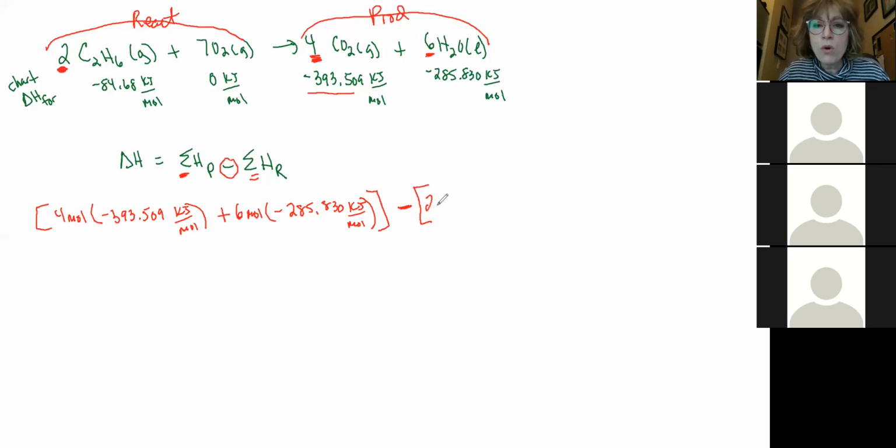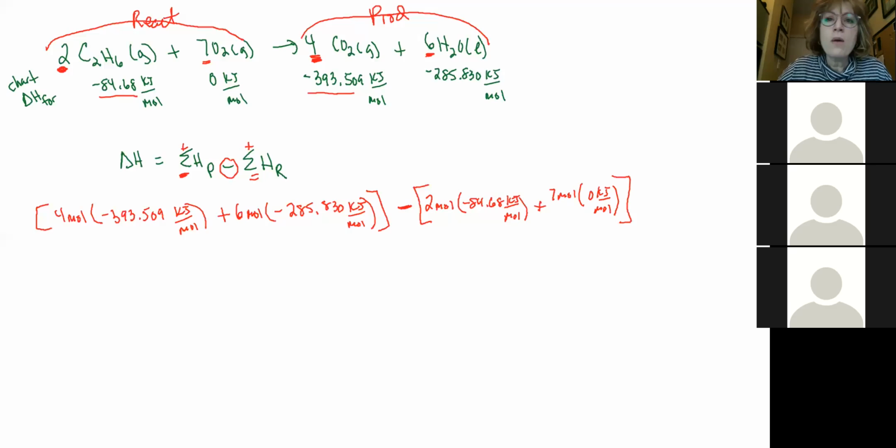So 2 moles times the value you got off the chart, negative 84.68 kilojoules per mole. And then we have to add it because these little signs mean add. So add 7 moles of oxygen. Well, I'm going to write it in there, but it's 7 times 0. So 7 moles and 0 kilojoules per mole.